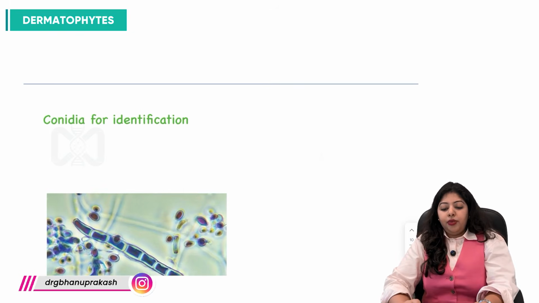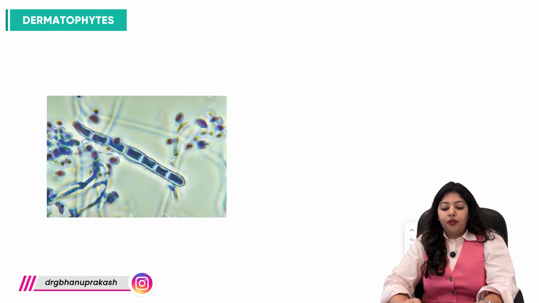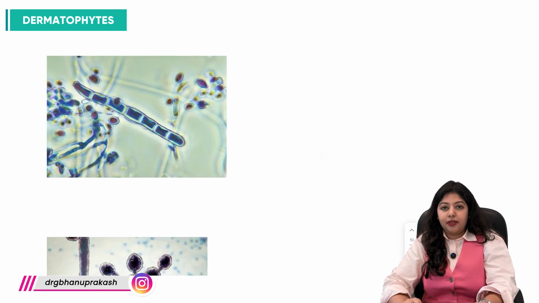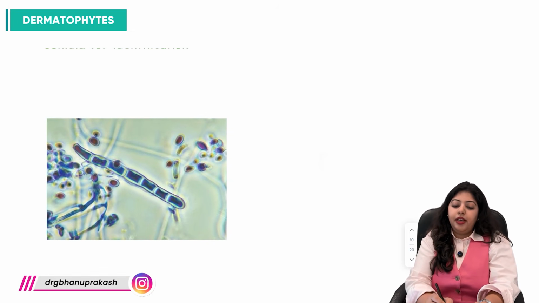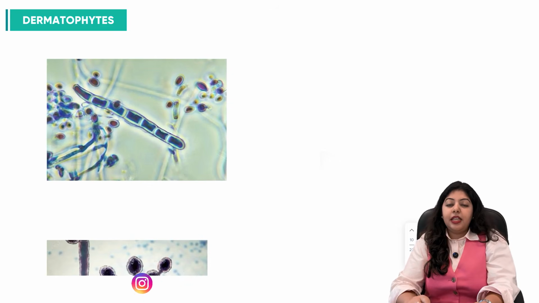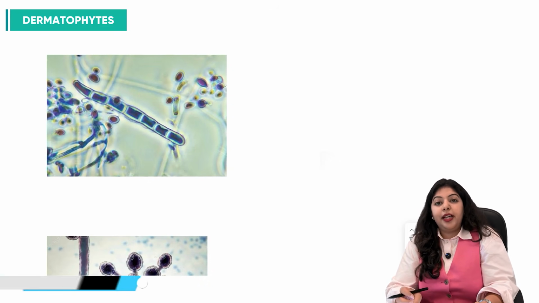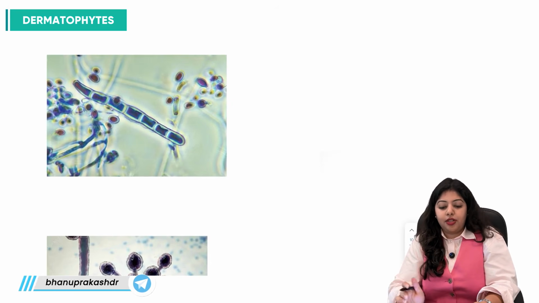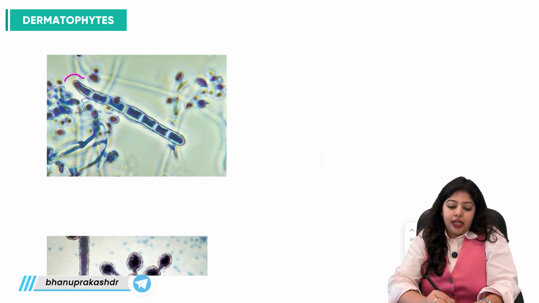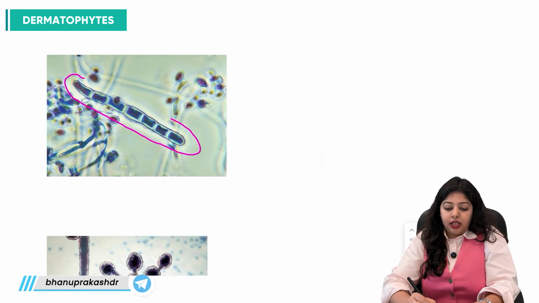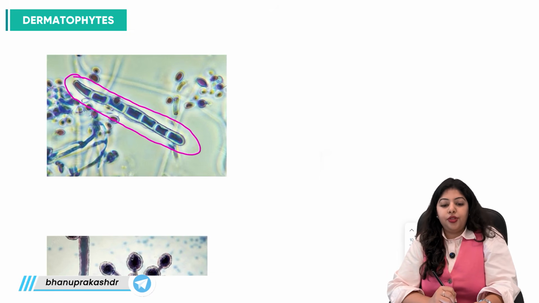Now moving on to the identification of these conidia, right? So let's see these images and we'll be very easily able to make out the different types of dermatophytes from these images itself. So firstly, can we appreciate this elongated pencil-like structure?